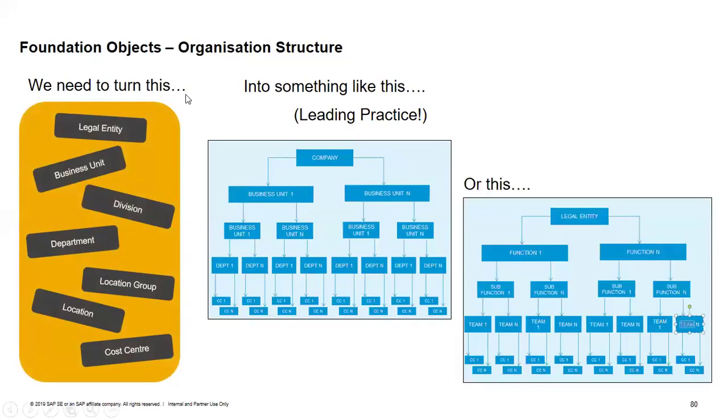All of the org structure elements that we have, we turn into this structure. Individual elements, you turn them into this structure by associating them. Associations are always done at the child level. You map a parent to the child.